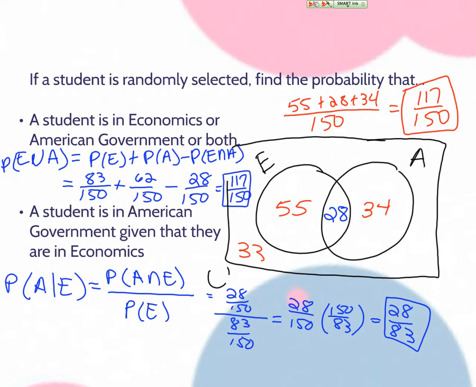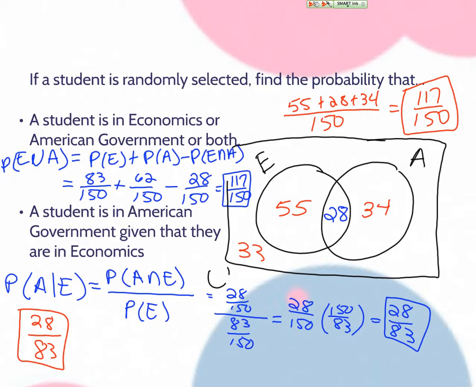And this is where I personally think the formulas are kind of doing the most, because if I wasn't using the formula, I would say to myself, okay, the total is econ. Well, I know there are 83 students in econ. And of those 83 students, 28 are in both, and I would do this. And that would be the amount of work I would show without using the formula.